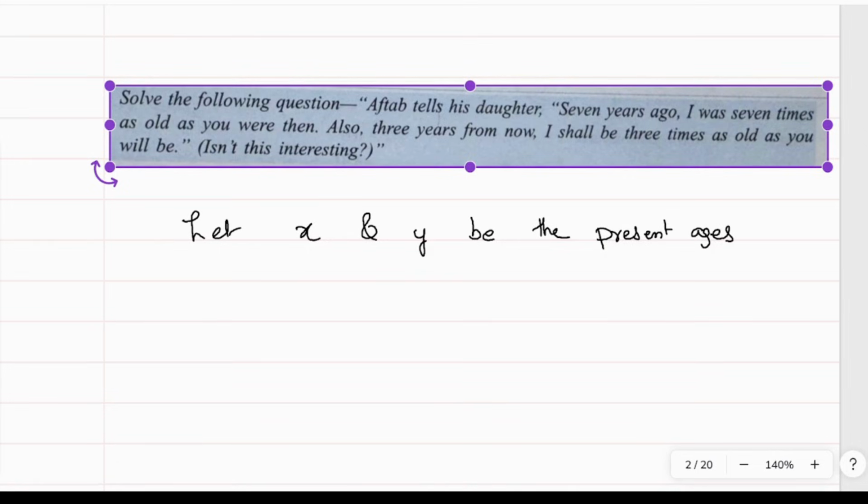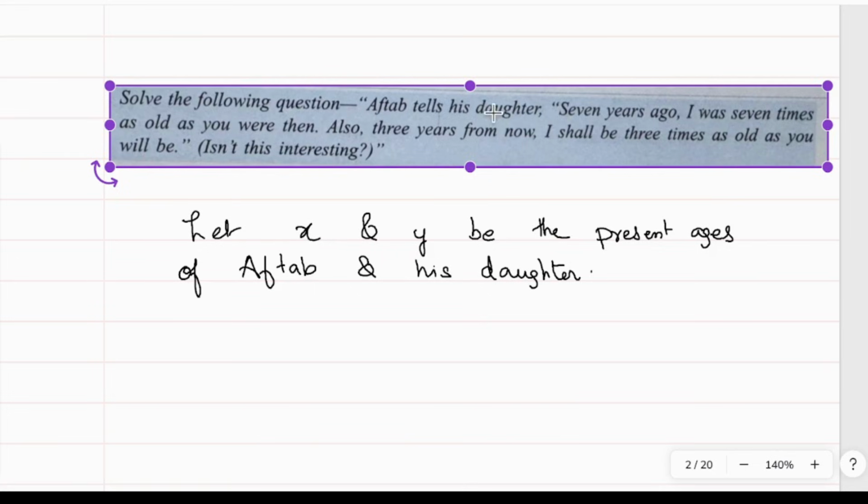Ages of Aftab and his daughter. That means x denotes the age of Aftab and y denotes the age of whom? Y denotes the age of daughter.